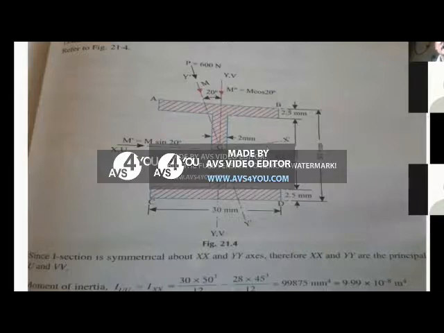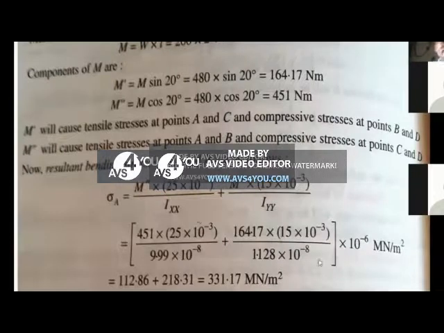So the moment about the UU axis gives tensile, the first one tensile and the second one compressive. So at sigma A, both are tensile in nature, this is plus and this also is plus, so the net value is positive. That means a tensile stress of 331.17 meganewton per millimeter square is the value we have got.